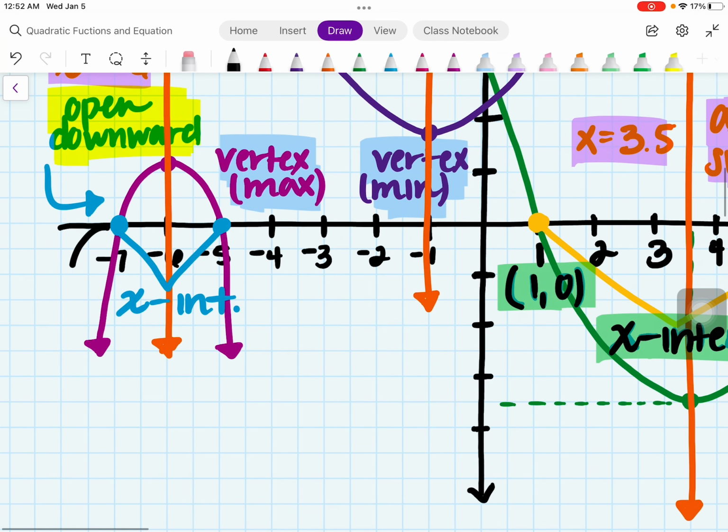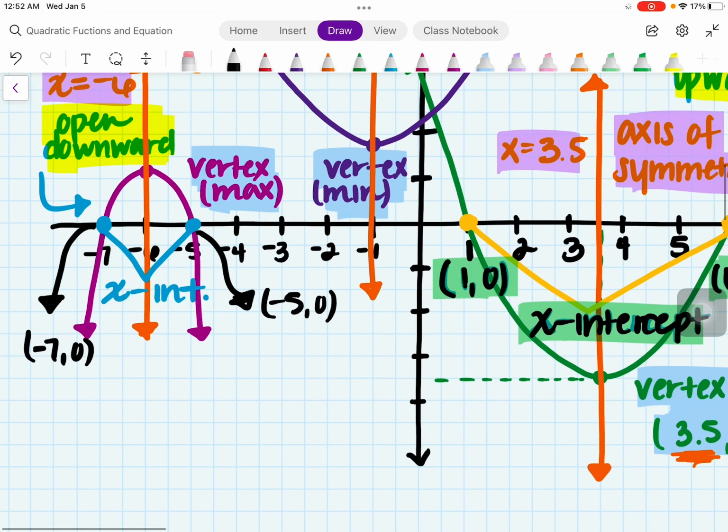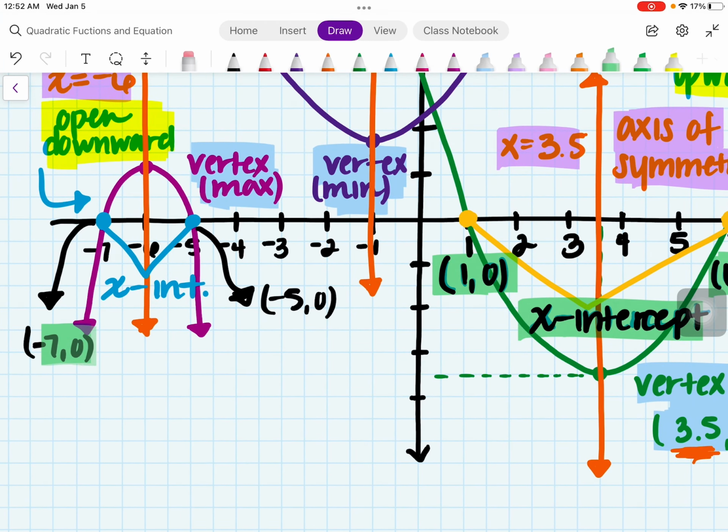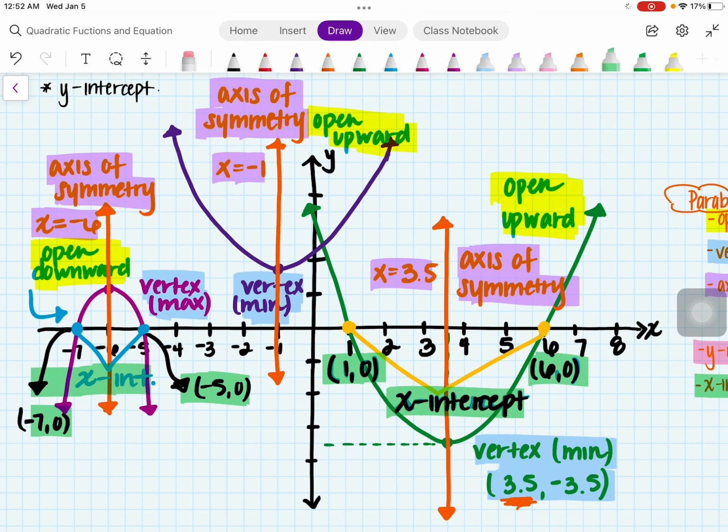If I label this one, that's the point (-7, 0), and if I label that one, it's (-5, 0). That was in green. That was our x-intercept.